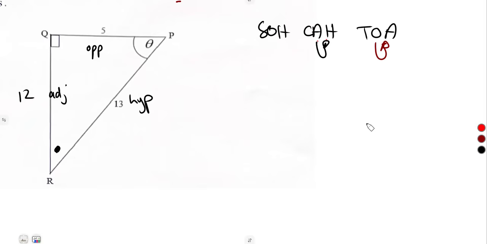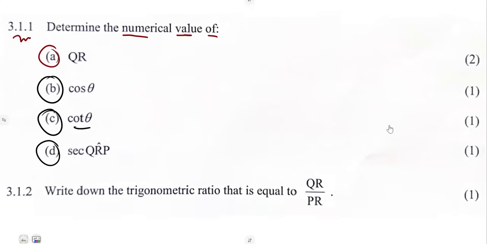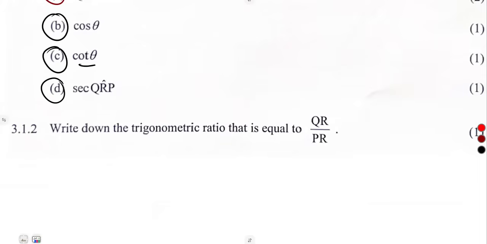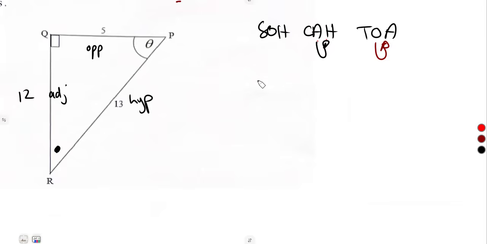All right. Then moving on to another part, which is 3.1.2. Write down the trigonometric ratio. Take note what they want. They want the trigonometric ratio that is equal to QR over PR. All right? QR over PR.